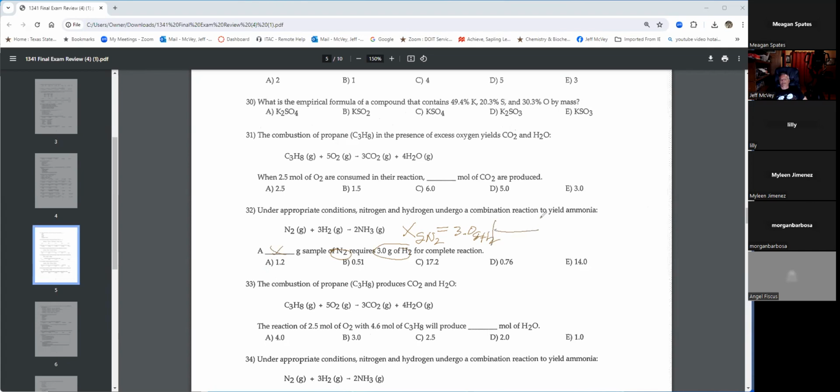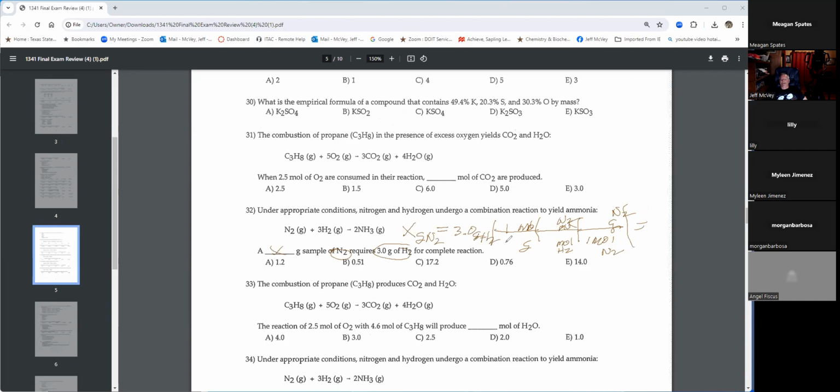Convert to moles. So this is going to be grams to moles. Then what's next? Mole to mole ratio. This will be moles of H2 to moles of N2, which is what we're looking for. And then finally, moles of N2 to grams of N2.